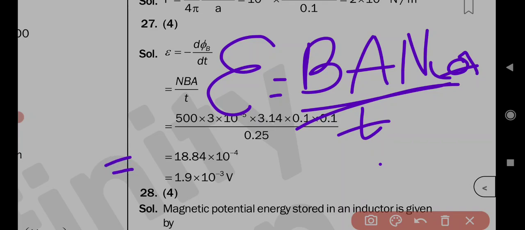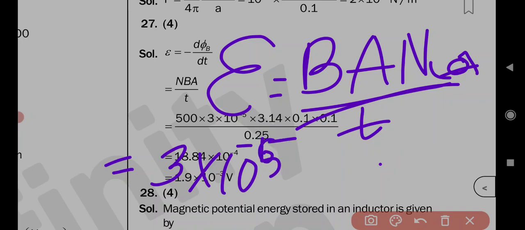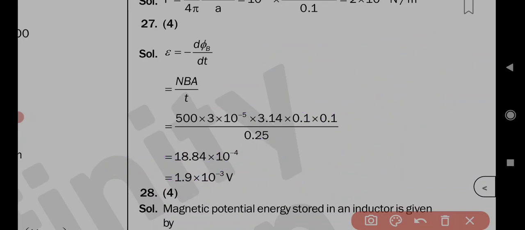So B is how much, guys? It is given in the question, 3 into 10 to the power minus 5.